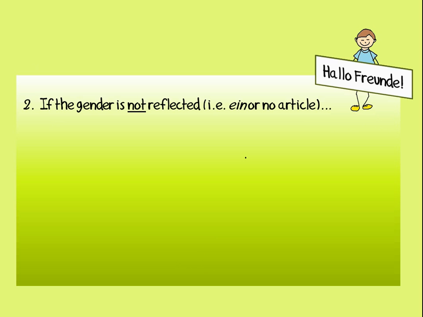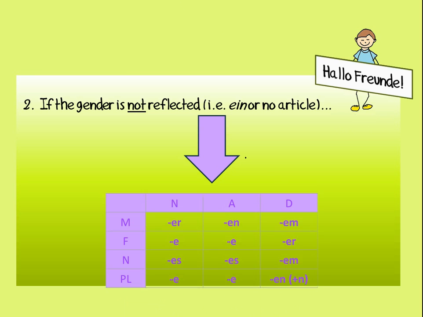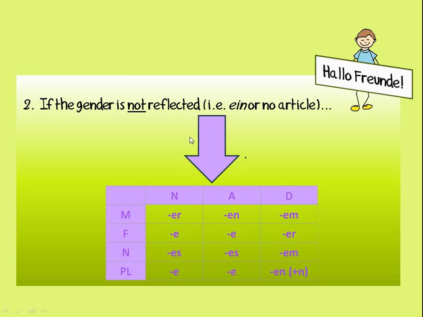So what if the gender is not reflected? If I have an ein in front of it, or no article at all, well, then we need to put something on the adjective that reflects the gender. And this is how we do it. In the nominative, we just take what we did before. We learned that in the plural, in the nominative, the ending changes from er to en.